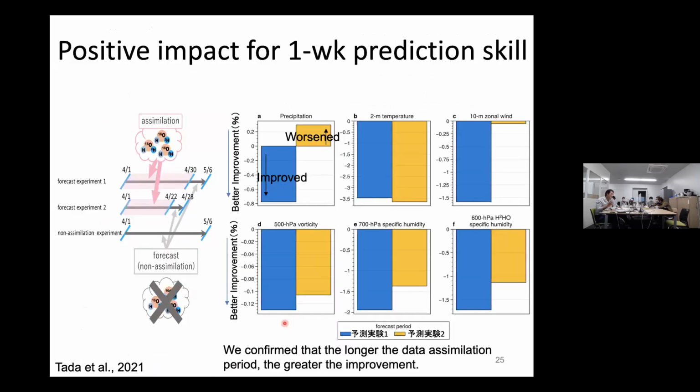And then actually, because of the improvement in the weather fields, the forecast from this initial condition was also improved. So we successfully showed that the isotopic information has a possibility to improve the meteorological forecasts.